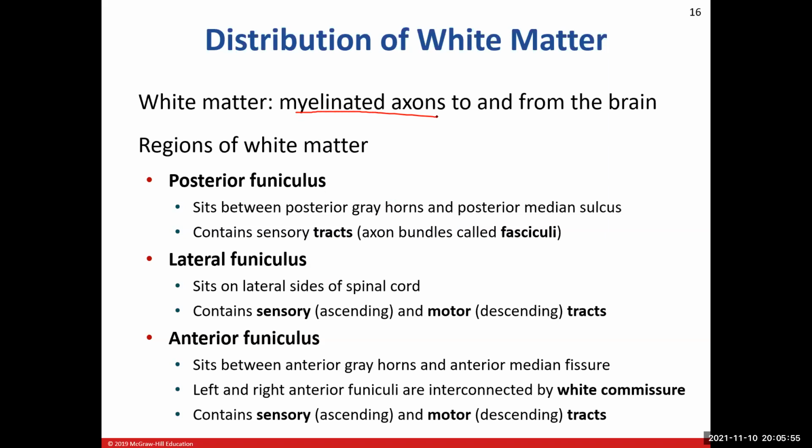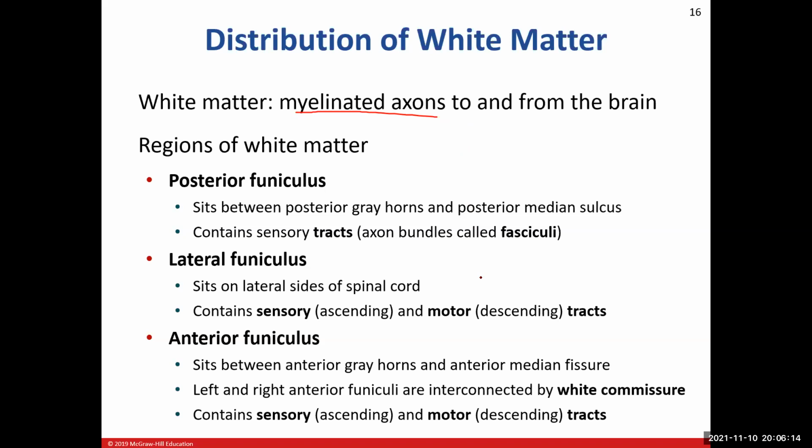So the posterior funiculus is going to be located right there between both of the posterior gray horns. And again, it's going to carry sensory tracts. We talked about this when we were talking about the medial lemniscal pathway.